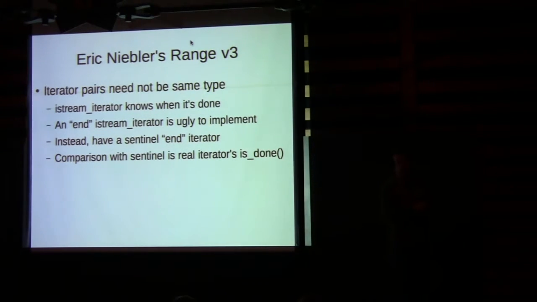In the end, the iterator has not only a reference to a stream, but also a flag that says, I am the end iterator. When you compare two of these iterators, you have to say, this one does not have that flag set and this one has, so I guess the call is done on this one. But if they both have the flag set, then they return true. It's more complicated than it needs to be.